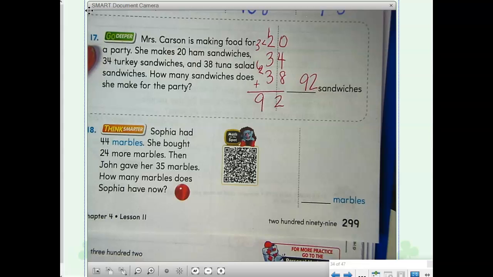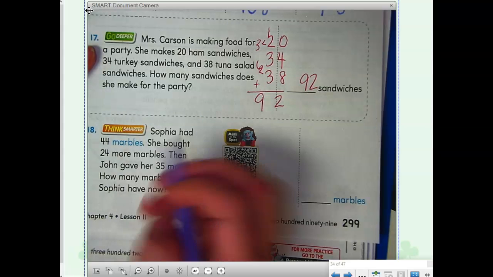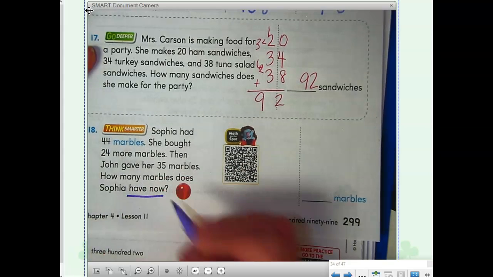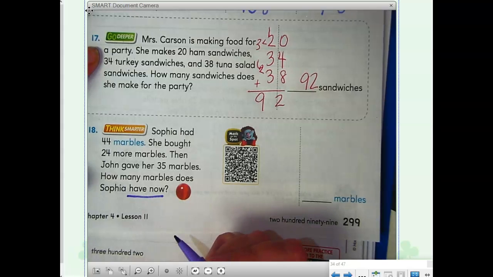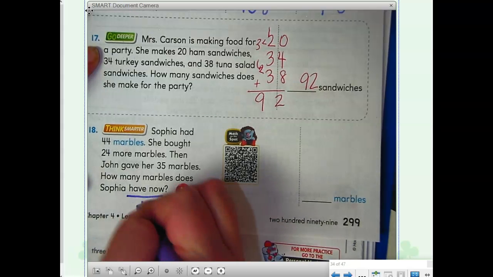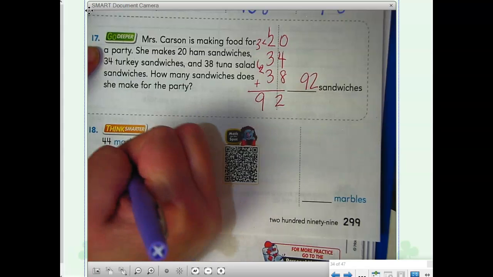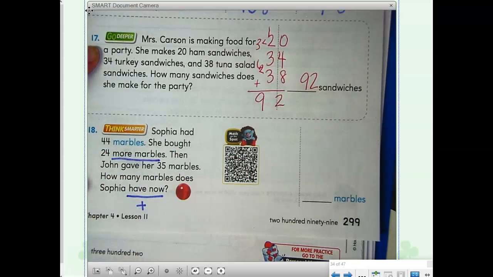Then John gave her 35 marbles. How many marbles does Sophia have now? All right. What are we doing? We want to know how many she has now. So we're going to add because she got more marbles, right?